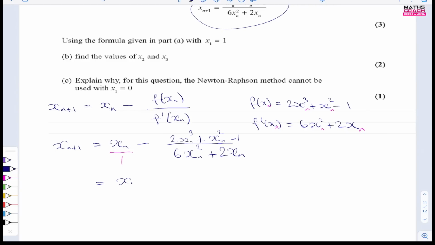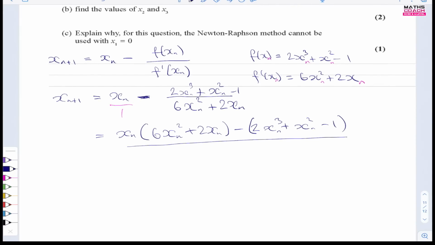So it'll be xn bracket 6x squared plus 2x minus 2. Again, this minus is minusing the whole fraction, so this is inside a bracket, all over 6x squared plus 2x.